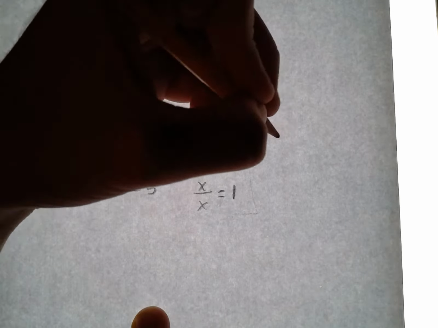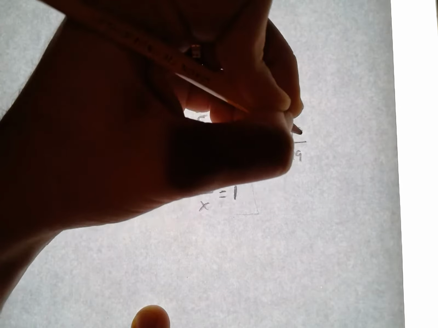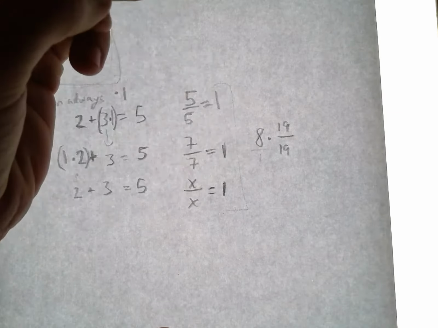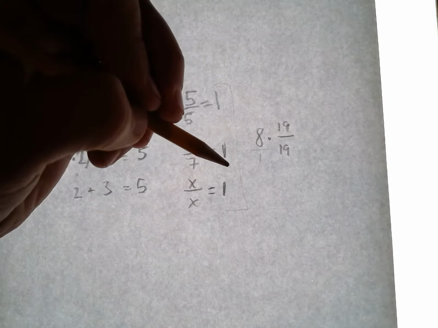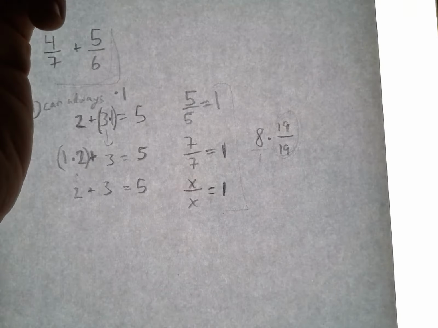Okay. So then what have I said? Tough little question over here. What have I said? 8 times 19 over 19. Now you might be tempted to make this into a fraction, 8 over 1, and then multiply across, and then you end up dividing. But I know that 19 over 19 is really just 1.